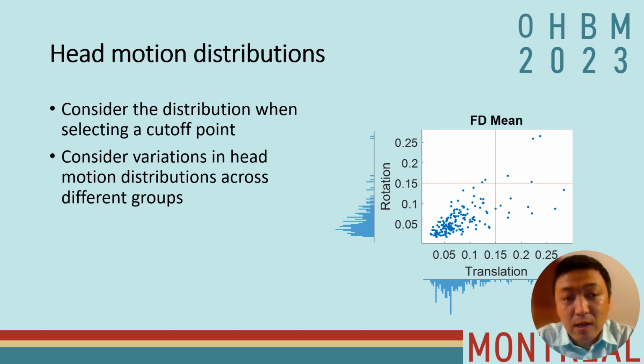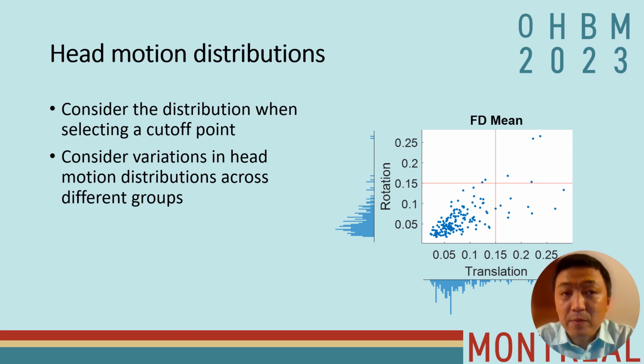And we also need to consider, for example, if we have different groups of subjects, whether those different groups may have different characteristics or distributions of head motion profiles. For example, if we study children or children with ADHD, they must have much larger head motion in general compared with classical controls. We need to consider that and then determine a threshold to remove subjects.